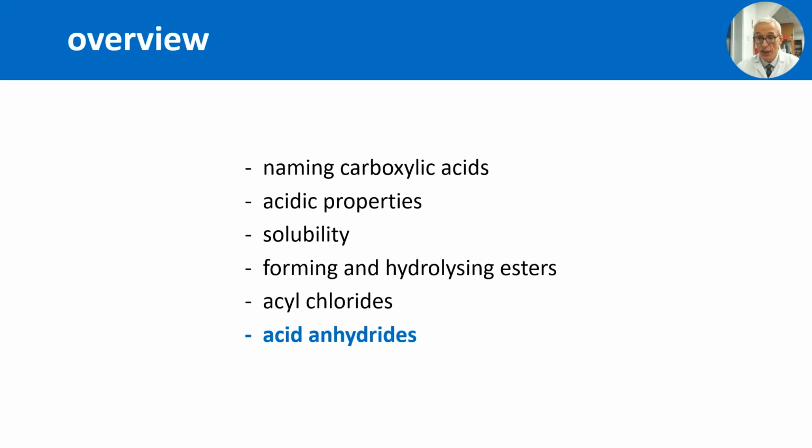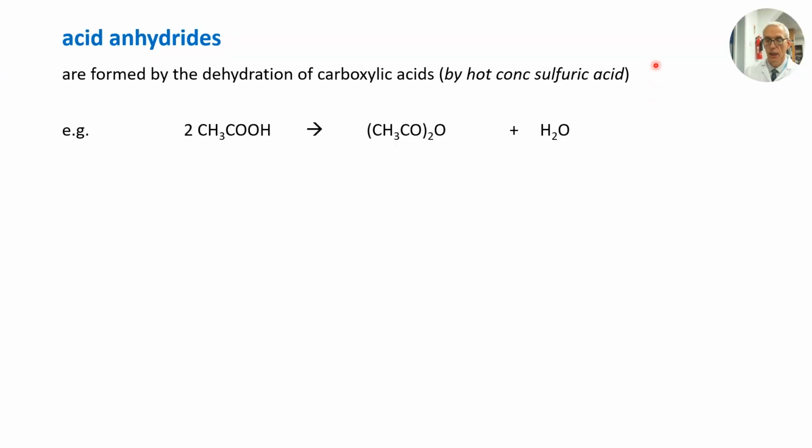Our last section now, acid anhydrides. Acid anhydrides are formed by the dehydration of carboxylic acids. The reagent, hot concentrated sulfuric acid, is not required in the OCR Chemistry A specification.